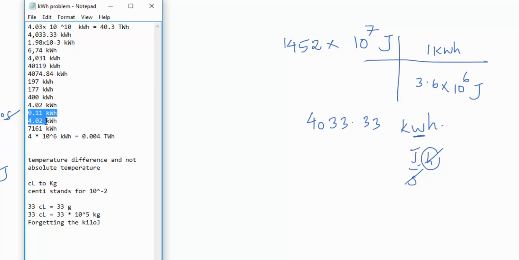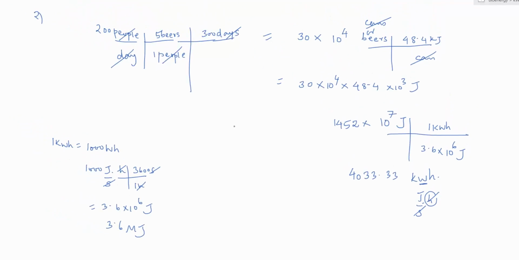So you can see a range of values that people have got, and actually it's approximately 4,000 kilowatt hours. That's the right answer. Okay, so really make sure that you get the order of magnitude right. Otherwise you can't make any estimation in doing any calculation really.